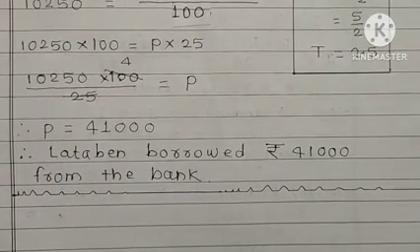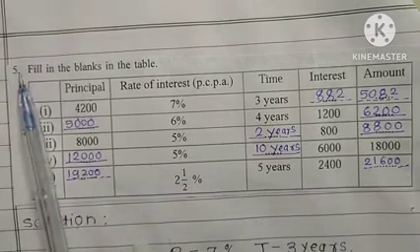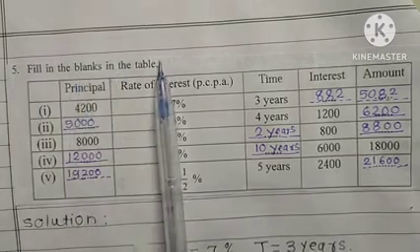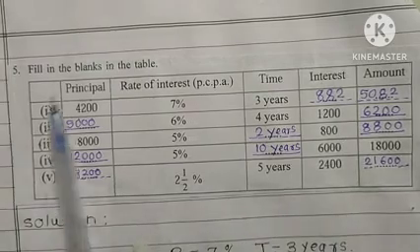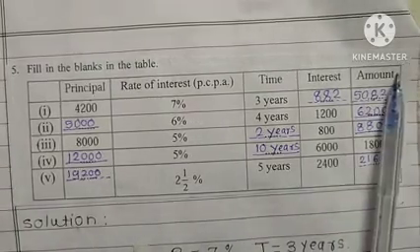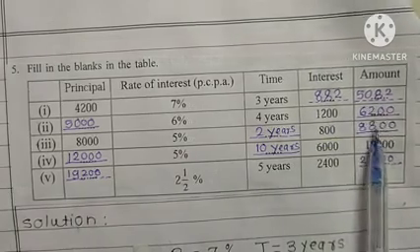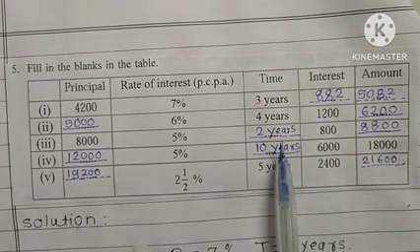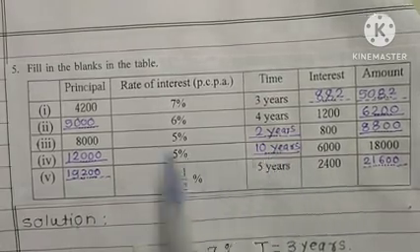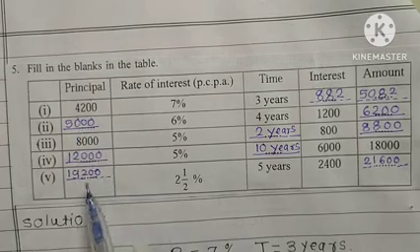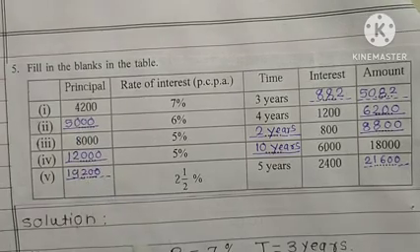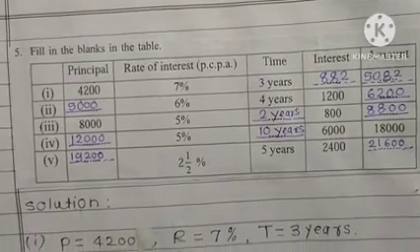Okay. Question number 5. Fill in the blanks in the table, and we have given this table. In this table, there are some blank spaces. We have to find the answers and put these values in the blanks. Okay. Now solution.